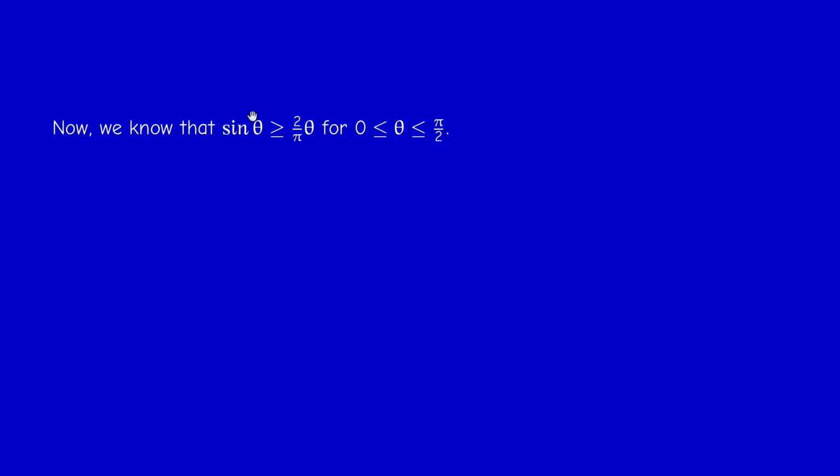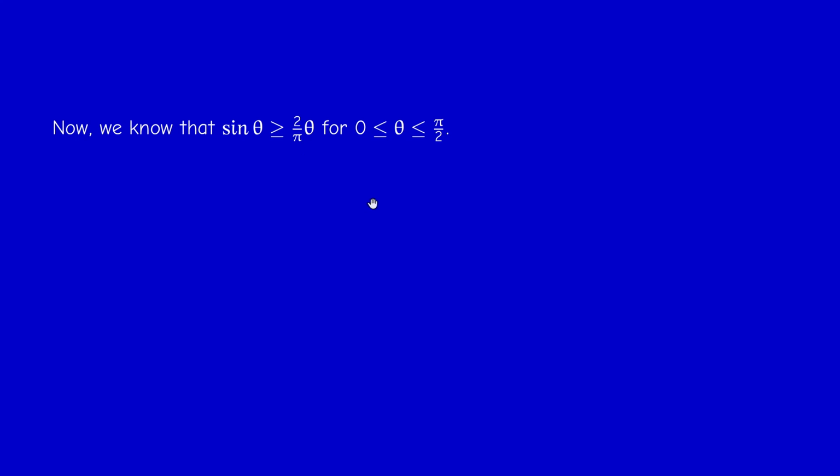I hope that you already know this inequality: sine theta is bigger than 2 over pi times theta, for theta between 0 and pi over 2. There are many ways to prove that. You can just take the difference and study the variation, and this is something that you should know how to do.